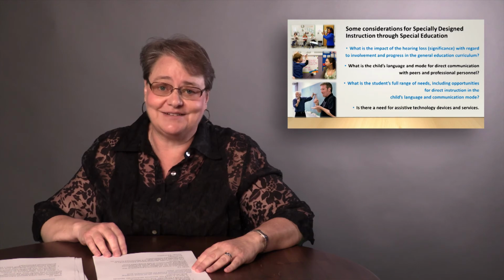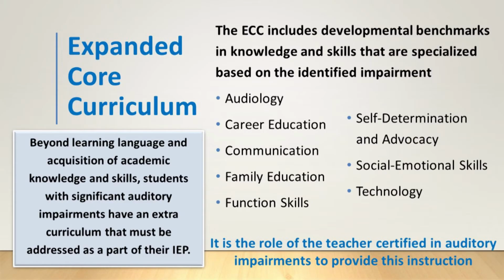each individual child. Within the scope of special education is the requirement for students with auditory impairments to have IEP goals and specially designed instruction in the expanded core curriculum for students with auditory impairments. The expanded core curriculum, often seen with the initials ECC, includes developmental benchmarks in knowledge and skills that are specialized based on the identified impairment.